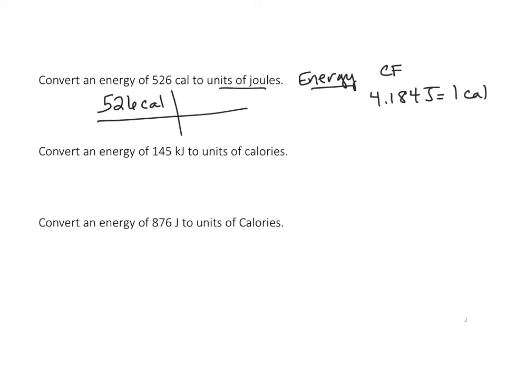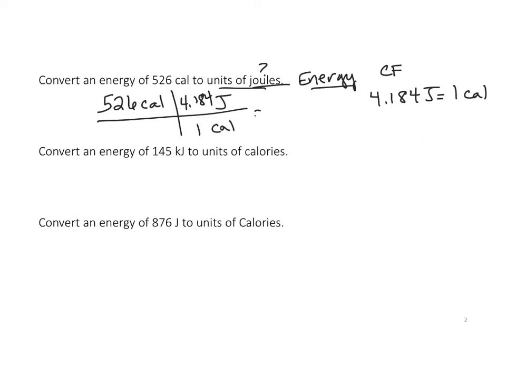If you have to convert calories with the little c to joules, then you would put cal on the bottom, because that's not what you want, and joules on top. That's your question. And then you put 1 with cal and 4.184 with joules. You get your calculator out. 526 times 4.184.